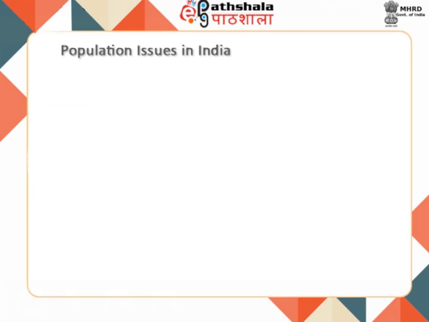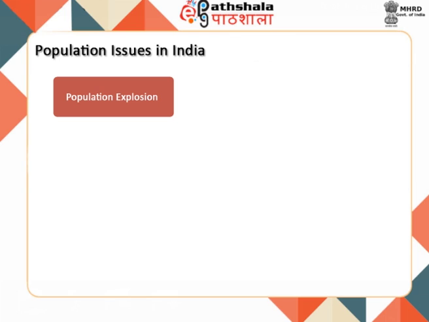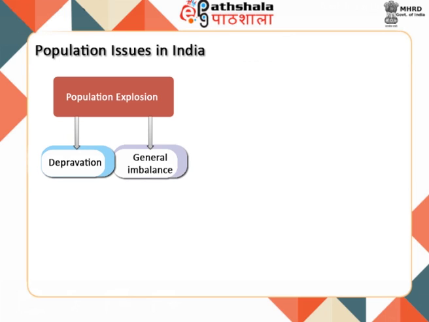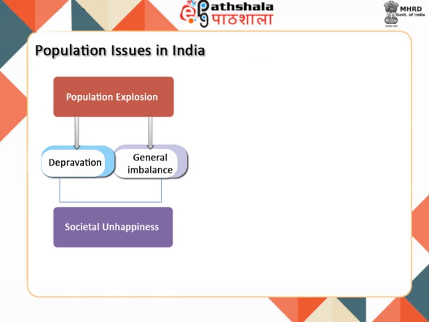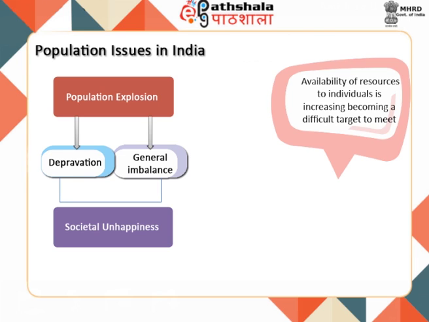In countries like India, population explosion has led to deprivation and general imbalance in society, leading to societal unhappiness. With a general lack of resources, availability of it to individuals is increasingly becoming a difficult target to meet.